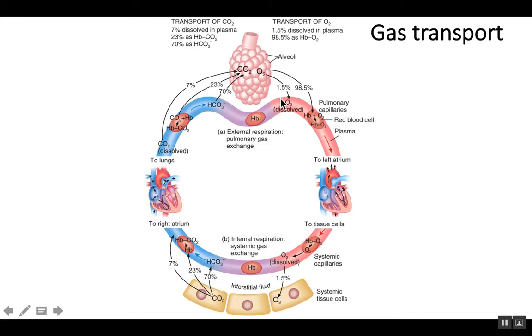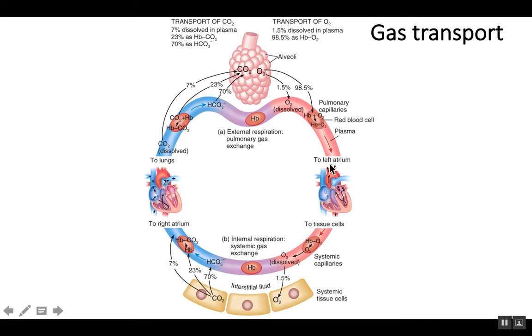We already know how oxygen is primarily transported. 98.5% of the oxygen that diffuses into the bloodstream at pulmonary capillaries enters red blood cells and binds to or attaches to the iron within hemoglobin. 1.5% dissolves in the blood plasma.